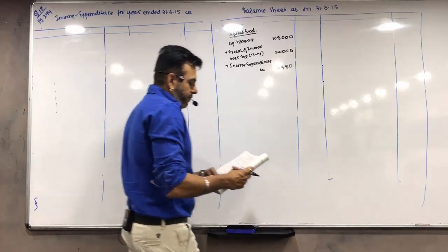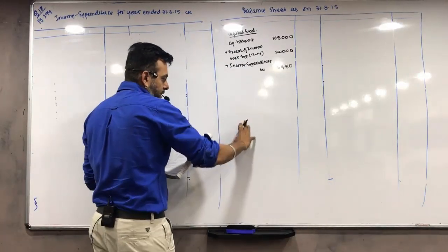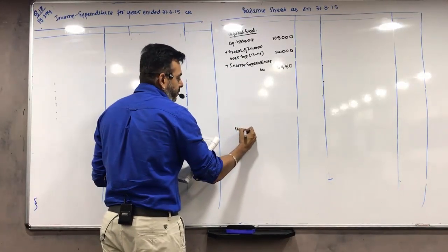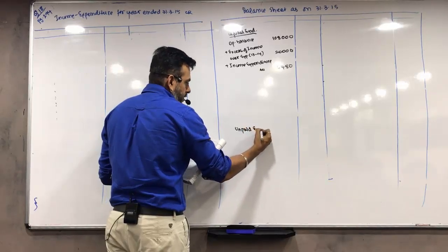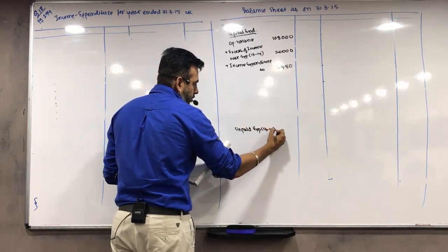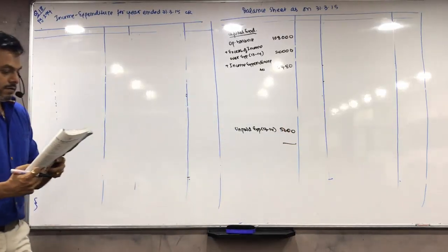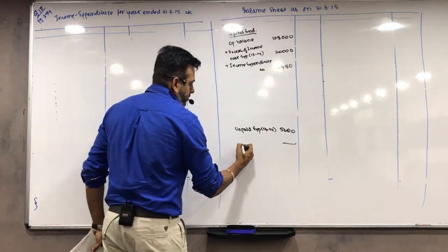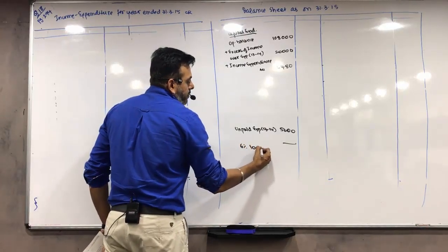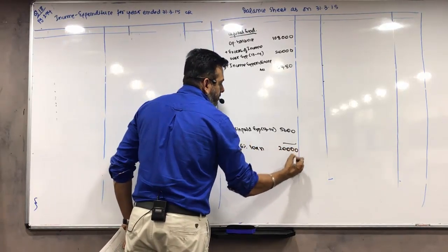Unpaid expense is very interesting. Leave few lines. Unpaid expense inner column. This is for 13 and 14, 5,600. 6% loan. Inner column 20,000.